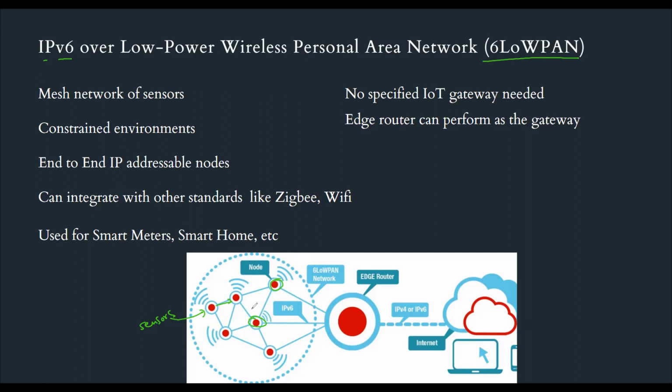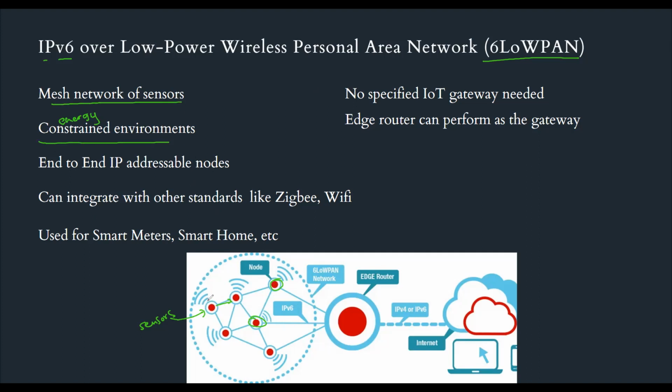And it is using IPv6 addressing, and it is using the IP header compression technique. And because of that, the data packet size is made smaller, and it is used for constrained environments like energy constrained environments. And it is used in mesh networks of sensors.